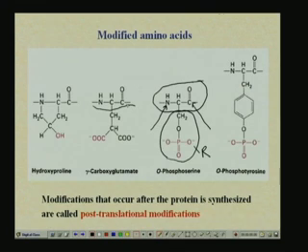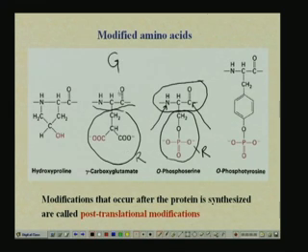What is the information that you need? You only need to know what R is there. That's all you need to know. Because if I tell you that I have glycine, alanine, valine, if you know the structures, you can draw the polypeptide chain, right?